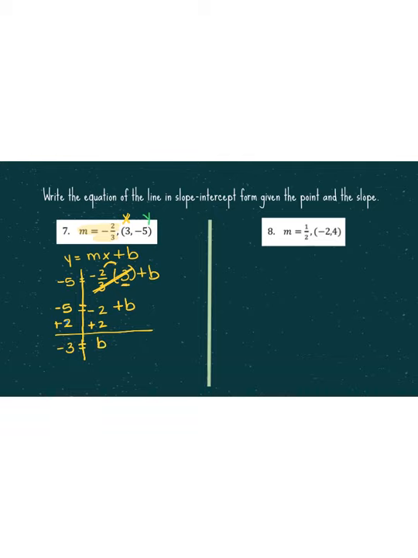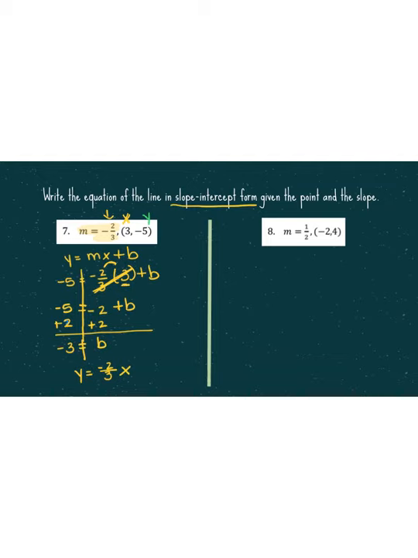And to get it in slope-intercept form, I have to rewrite it so it says y equals. That's what slope-intercept form is, when you put it in y equals. So I'm just going to start with y equals, and then I start with my slope. Well, we know my slope is negative 2/3. And I'm just using x this time. I'm not filling them in. I'm just using the letter x.